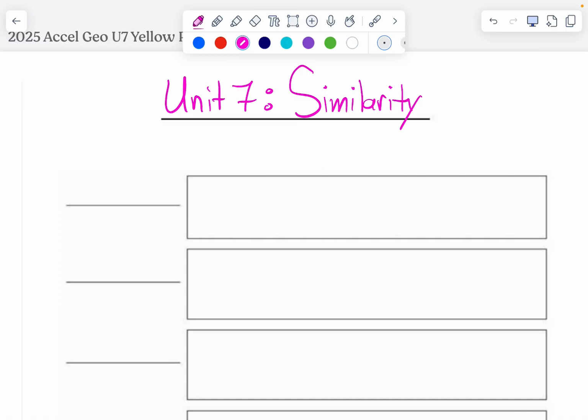That was the name of the unit, triangle congruence. This is not that. This is not, are they exactly the same? It's, are they similar enough that we can mathematically consider them similar? And a big concept in this unit is actually something you've been doing since probably 7th grade. So subtitle this proportionality.